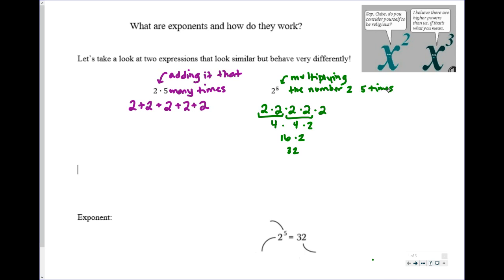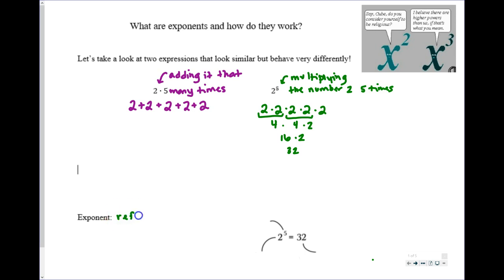Okay. So now let's take a look at what the definition really is of an exponent. I know a lot of you know how an exponent works and what it means, but I want to make sure that as we're going into this semester, you have a really strong sense of it. There are lots of dictionary definitions, but I'm going to give you one that I think makes the most sense.